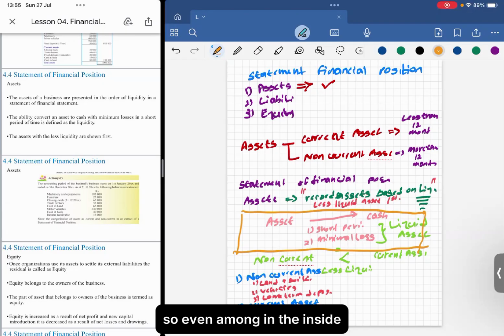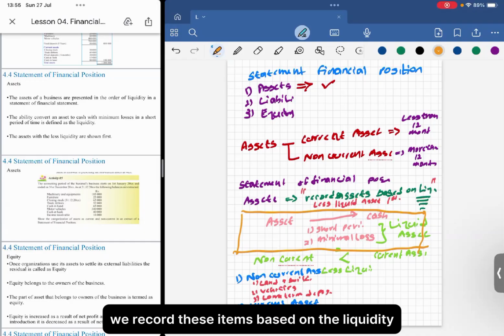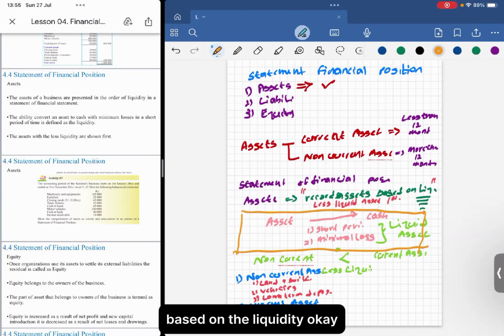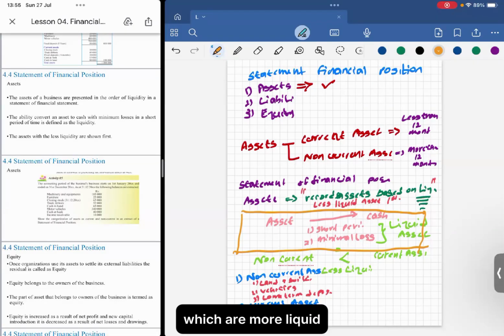So even inside the categories of non-current assets and current assets, we record these items based on the liquidity. Usually land and building is less liquid compared to vehicles. So we record it first, and then we record vehicles, and finally we record something like long-term fixed deposits, which are more liquid.